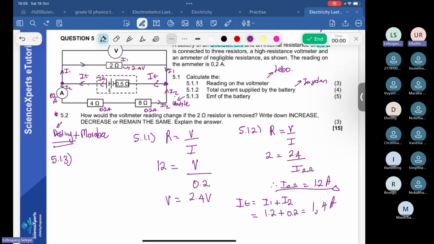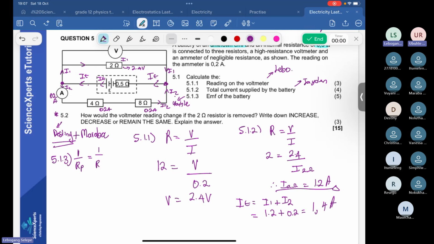What was your approach? I first calculated the parallel resistance for the total, first adding the 4 and the 8, for the resistance at that specific branch.